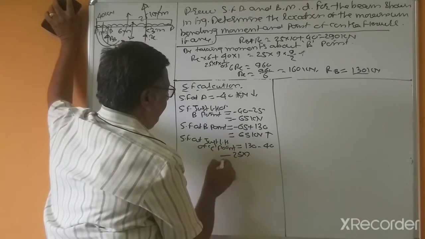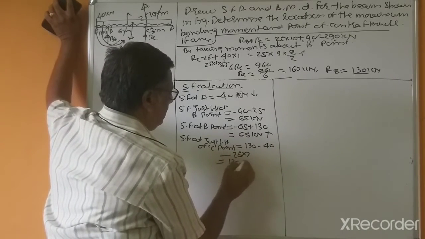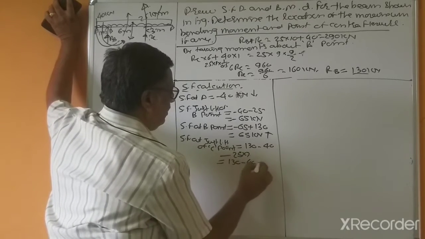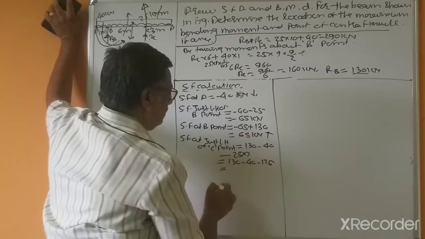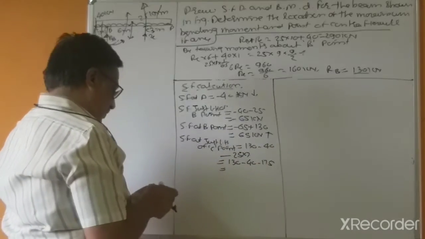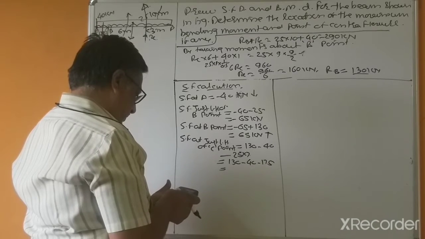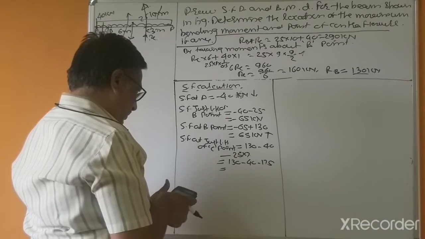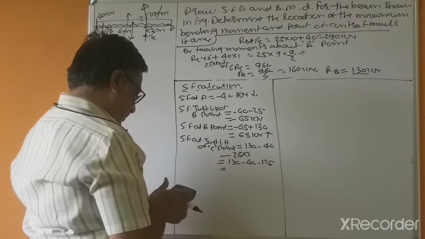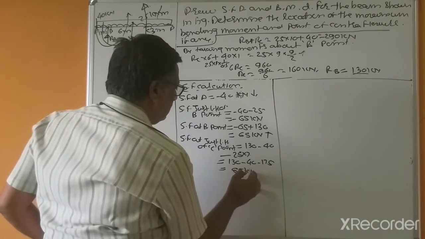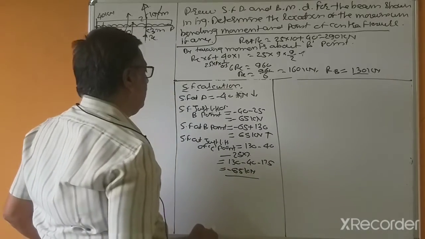130 minus 40 minus 175 gives 85 kilonewton downward.